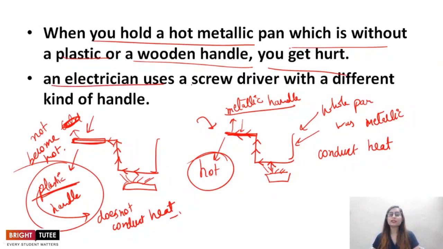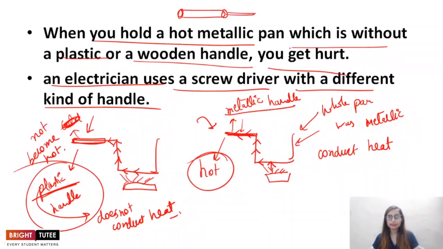Then when an electrician uses a screwdriver with a different kind of handle, what happens? There is a screwdriver, right? You have seen screwdrivers. This is the screwdriver, basically used by electricians. So this screwdriver has a metallic end and a non-metallic handle.